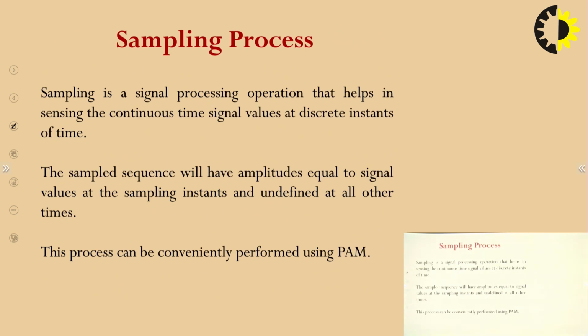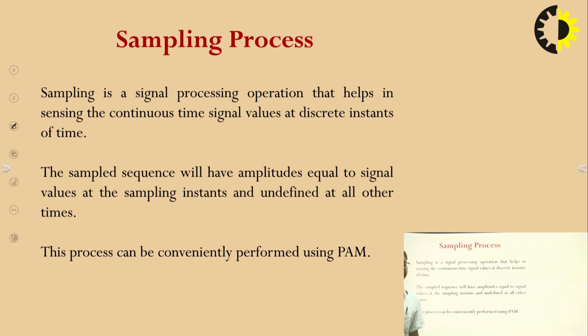Okay. After discussing the pulse modulation, the next topic is the sampling process, as this is a very important process and it is related to the pulse modulation. So, we can say that sampling is a signal processing operation that helps in sensing the continuous time signal values at discrete instants of time, right.